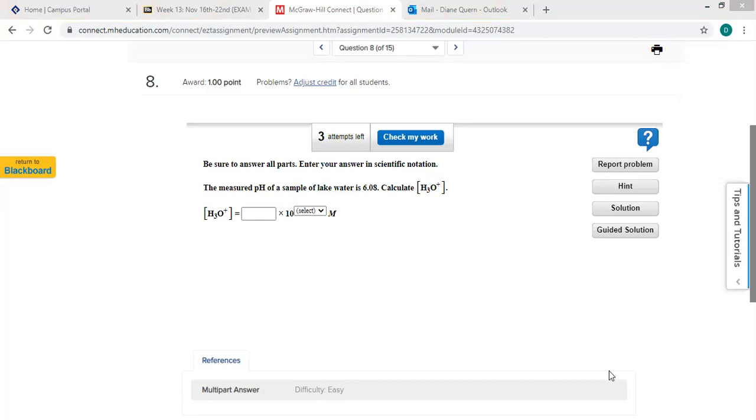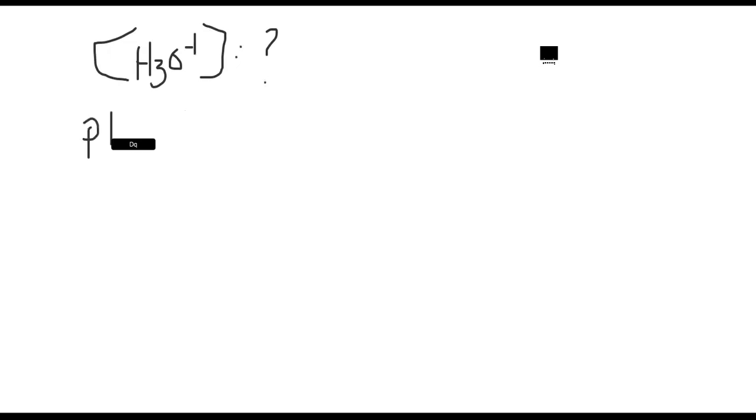So for this one, we're using the pH equation. They're asking you to solve for H3O plus. That's the question mark. And they give you the pH. So pH is 6.08.